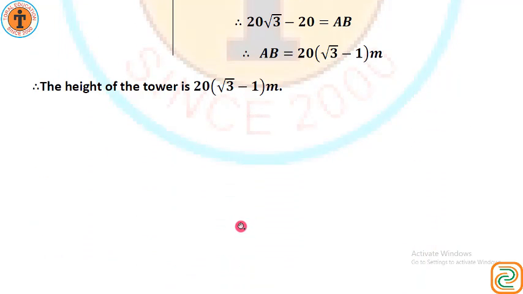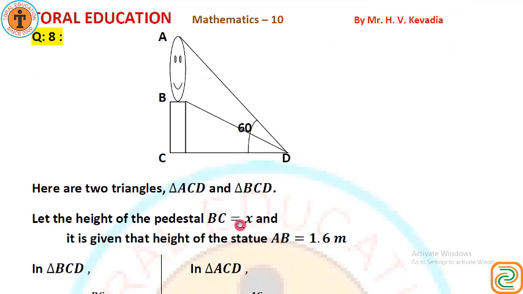Another question, number 8. A statue 1.6 meter tall stands on the top of a pedestal. From a point on the ground, the angle of elevation of the top of the statue is 60, and from the same point, the angle of elevation of the top of the pedestal is 45. Find the height of the pedestal.